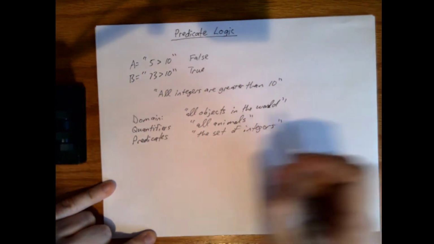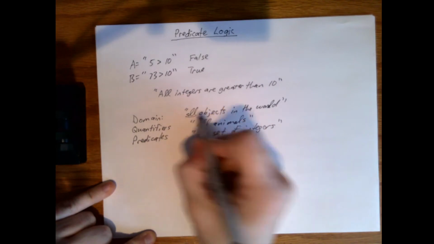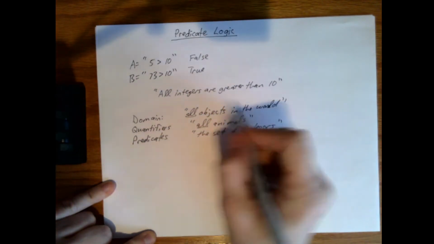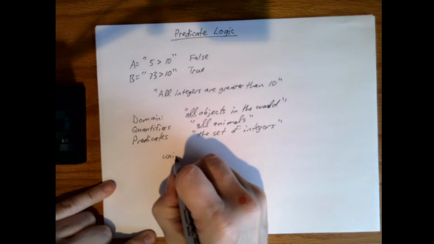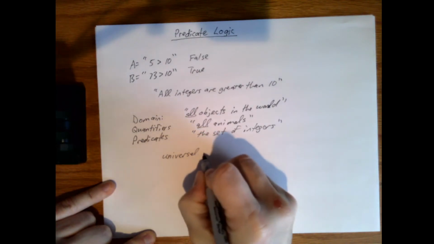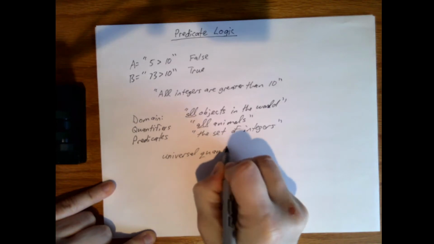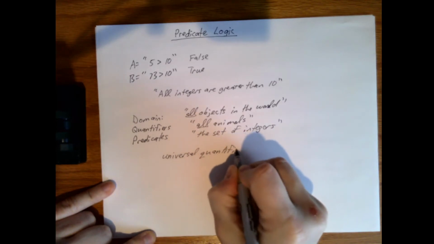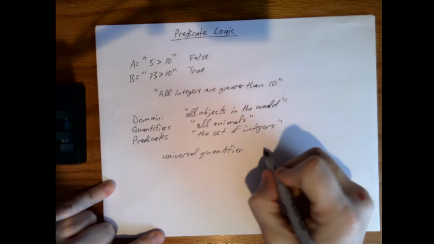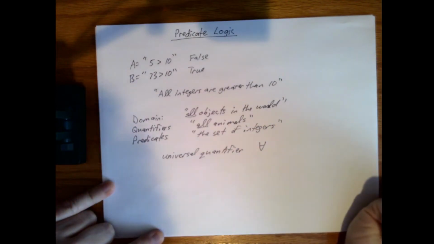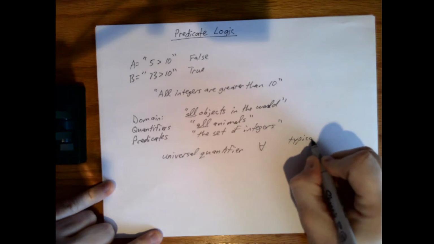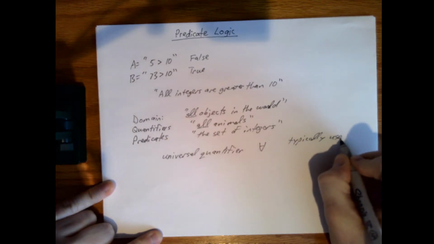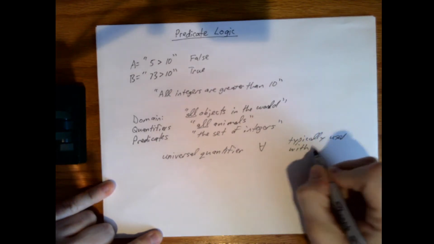Quantifiers are things that will let us represent things like all, or there exists. So we have the universal quantifier. It's written as an inverted A, okay, and is typically used with implication.